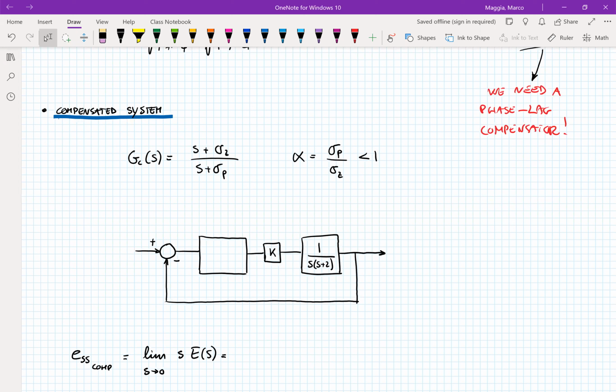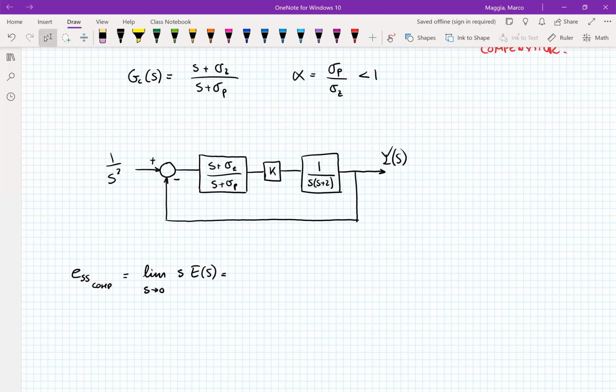So in our block diagram, obviously, the compensator is going to be placed over here, with the output, and our input is always 1 over s squared. Okay, so now we are ready to compute the steady state error for the compensated system.